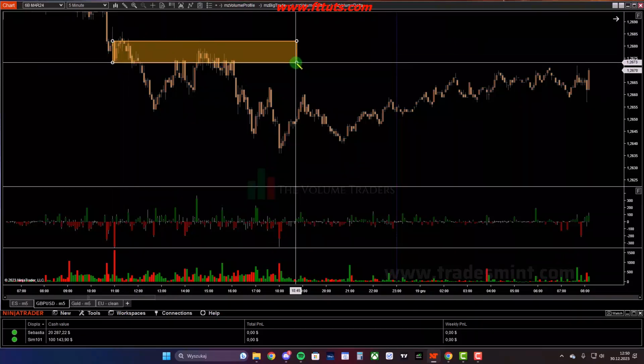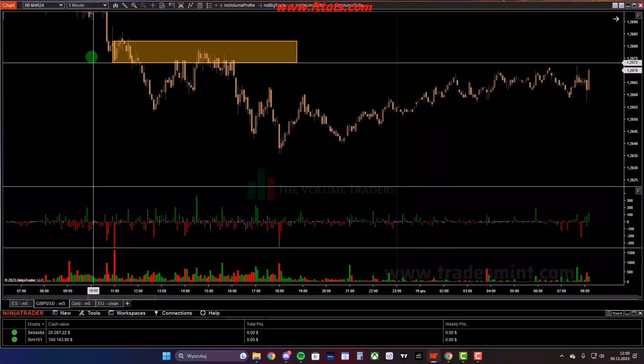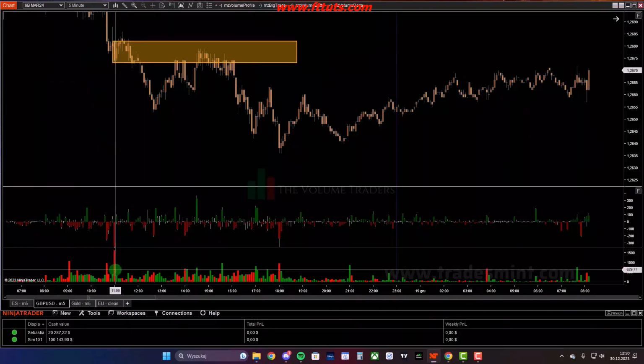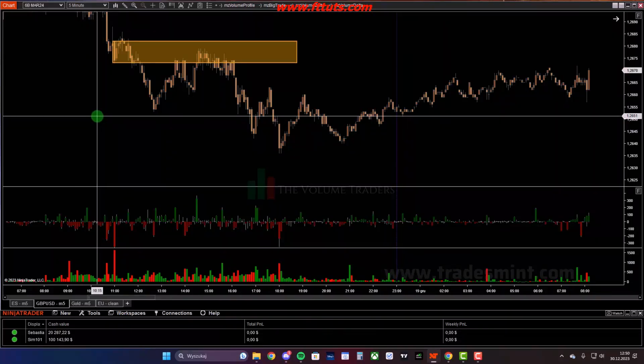So what is important for me? This should definitely be higher volume and also not too big a candle. So not a news candle like CPI or NFP news candles, because these candles are like 30 to 50 pips big.